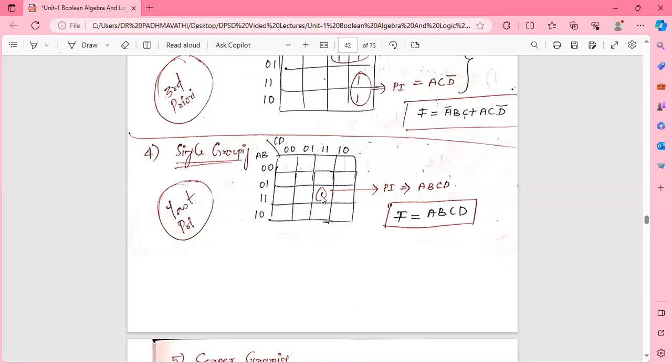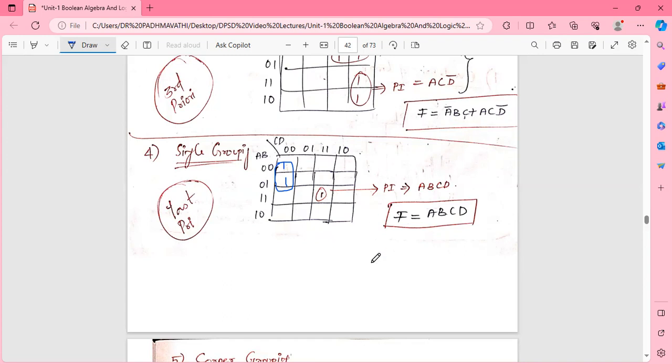If it is not at all possible to group the min term with any other, for example, here if we have a 1 and here is a 1, we may form one group like this. But this one, we can't group with any other min term, so this is called single grouping.